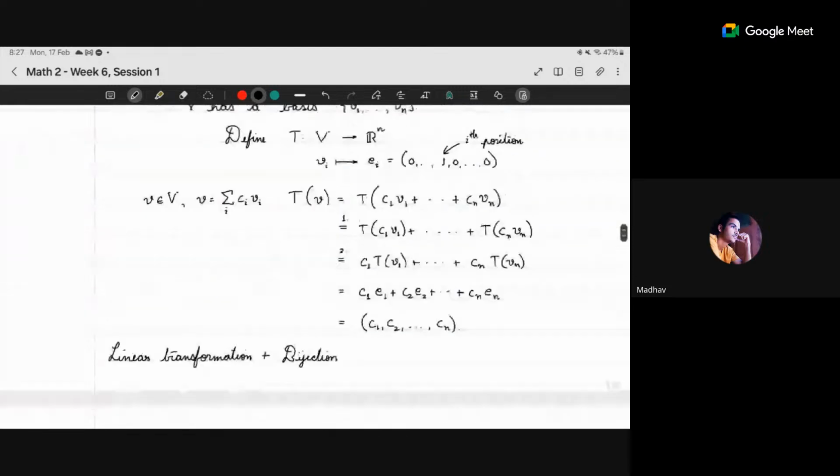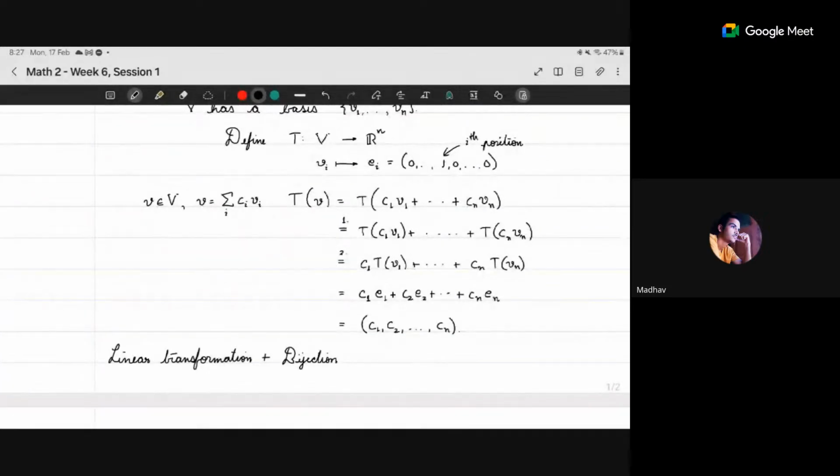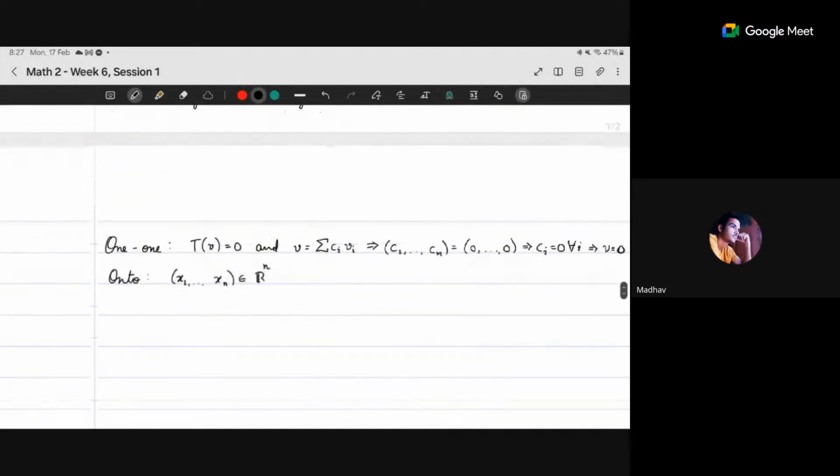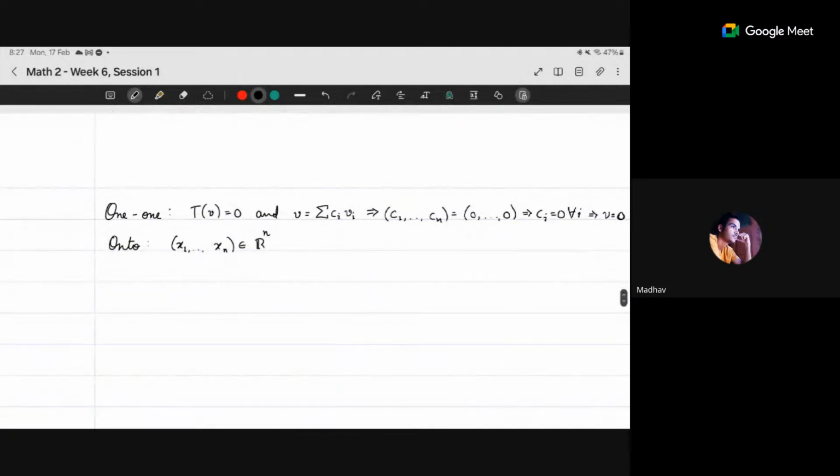Remember that we started out with a map between V and Rn. So take an arbitrary element in Rn, and that has to be the T of something. And what is that something? Can you guess? It should be the coefficient vector from the original vector space we are considering, from V. So give me a V such that T of V is equal to x1, x2, xn.